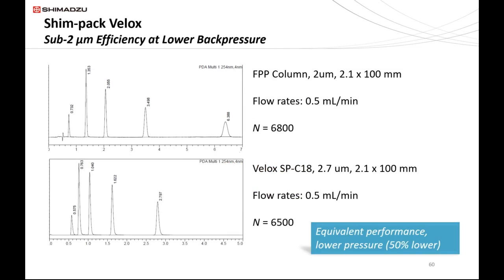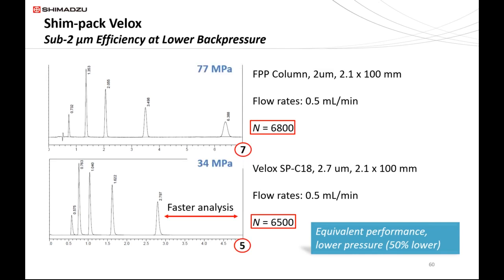Here is an example where you can see that a 2.7 micron core shell column can achieve an equivalent performance with the similar theoretical plate count as the 2 micron fully porous particle column in much shorter time, and all of these at only half the column pressure.